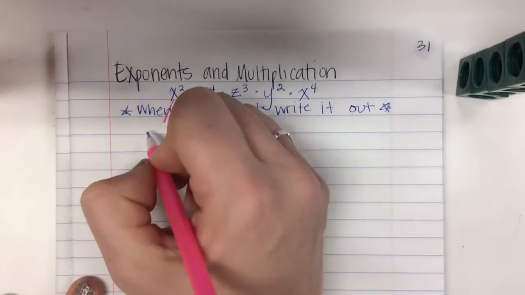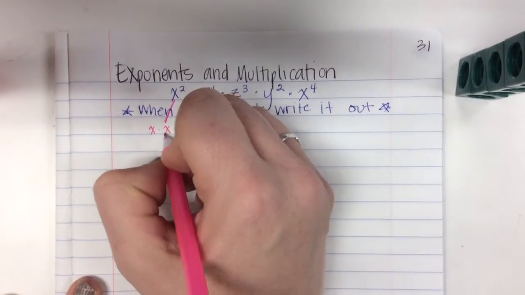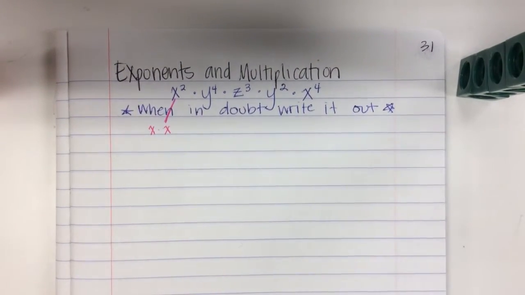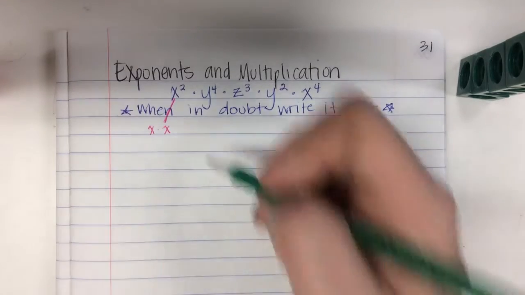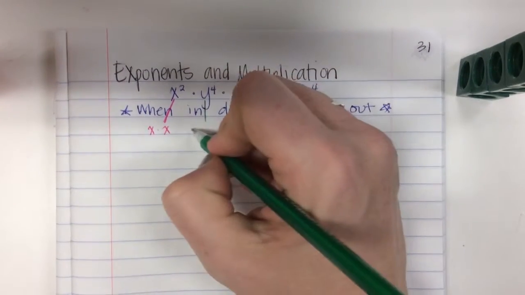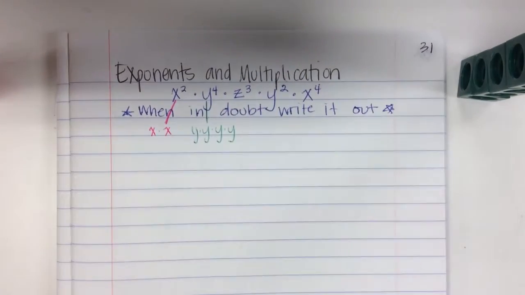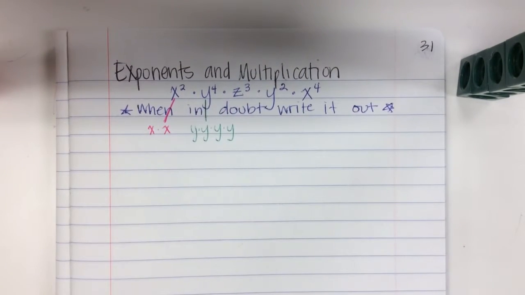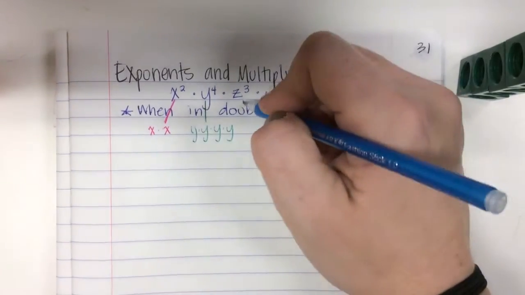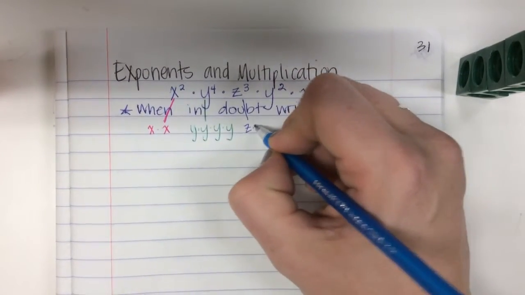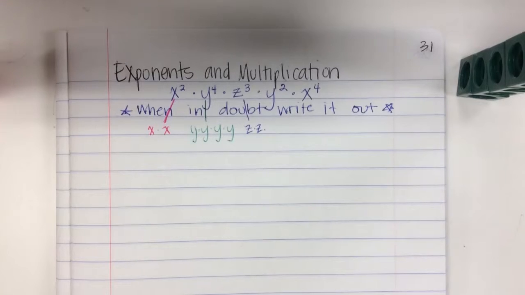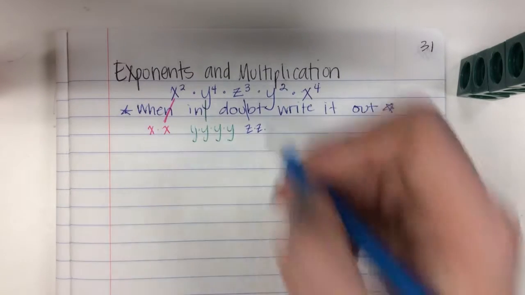x squared is really x times x. And y to the fourth is really y times y times y times y. And z to the third is really z times z times z, three of them.